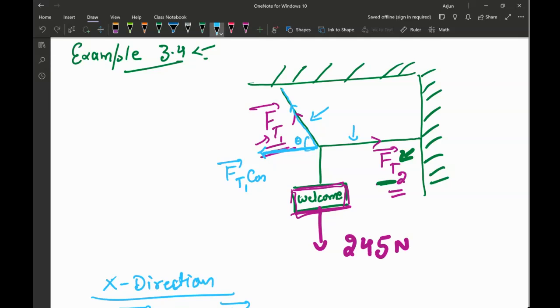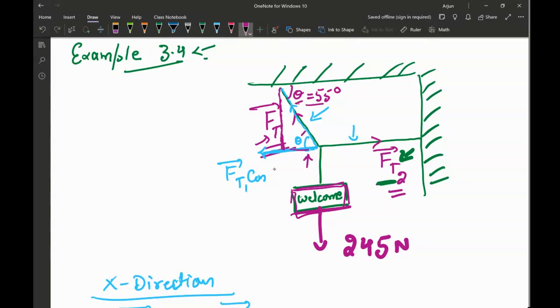The angle given to me in this question is down here. This is theta equal to 55 degrees. If this angle is 55 degrees, this angle will also be 55 degrees. We can complete the geometry here, so this becomes a right angle triangle, and these two angles are the same.